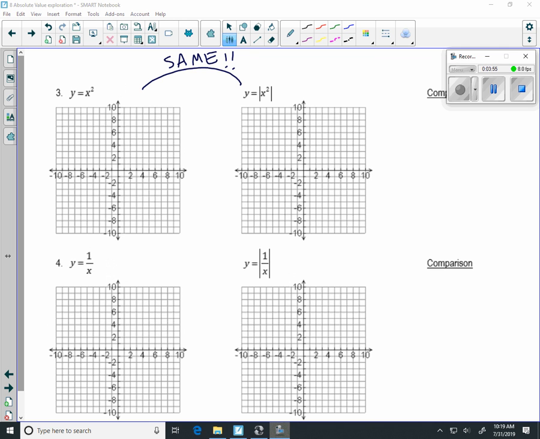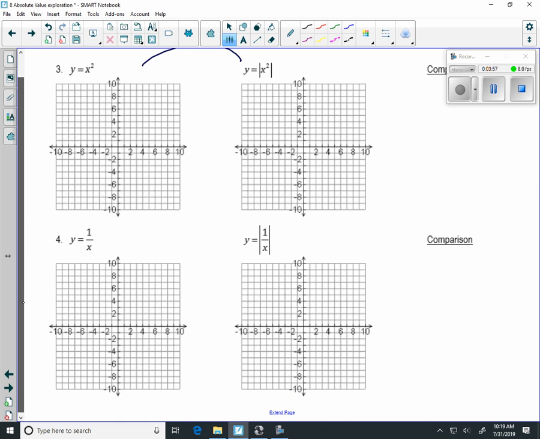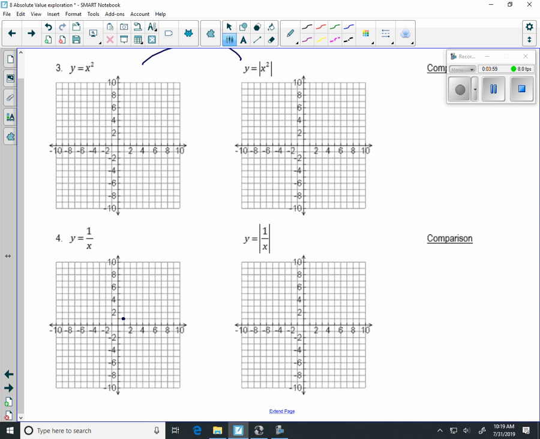And the last one I'm going to do on this video is 1 over x. 1 over x, there's your parent function. And if you are thinking to yourself, hey, it's going to end up in the first and second quadrants, you're absolutely right. So we're not flipping the function. We're not doing a reflection over the x-axis.